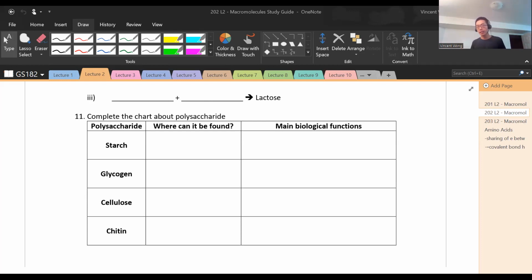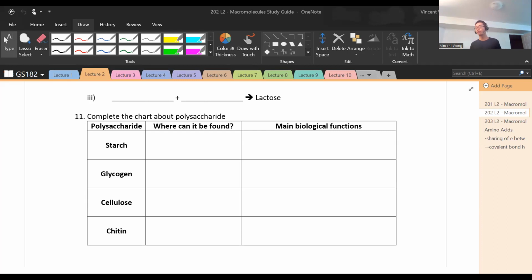Starch is the storage form of energy in plants. They do photosynthesis, they make food, and then they store this excess food in the form of starch in stems and roots. So these are for storage of energy. On the other hand, we have cellulose and chitin. These are for structural support.